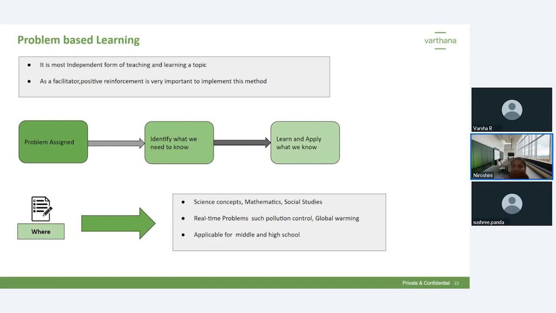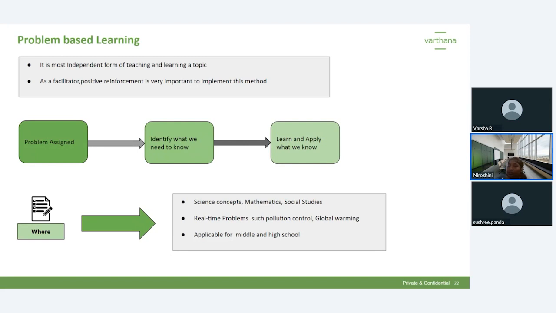This is also a very active learning method for a student, where again the teacher is a facilitator. Also, this is one of the most independent forms of teaching and learning a topic for both student and teacher.